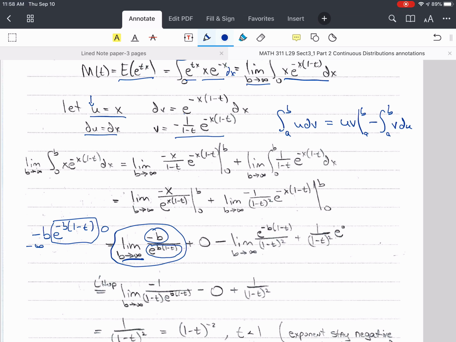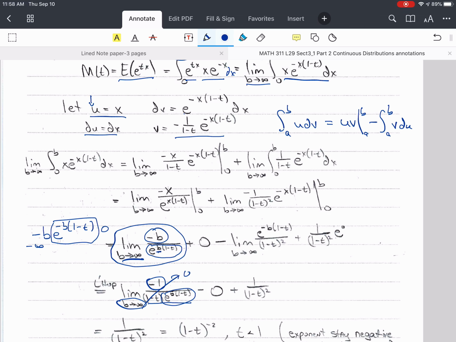I'm going to use L'Hopital's rule and take the derivative with respect to b in this case because it's the variable that's going to infinity. When I do that, I end up with a negative 1 on top, and then on the bottom, remember I don't have a negative when I put this on the bottom. So I take the derivative, I end up with this. When I take the limit as b approaches infinity, this on the bottom goes to infinity, the whole thing goes to 0.